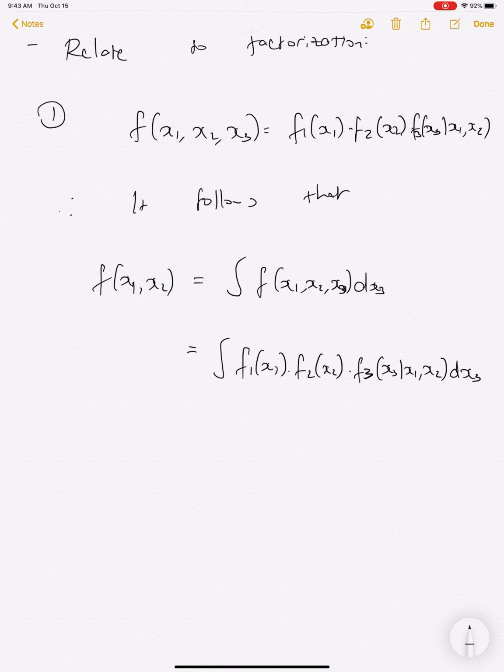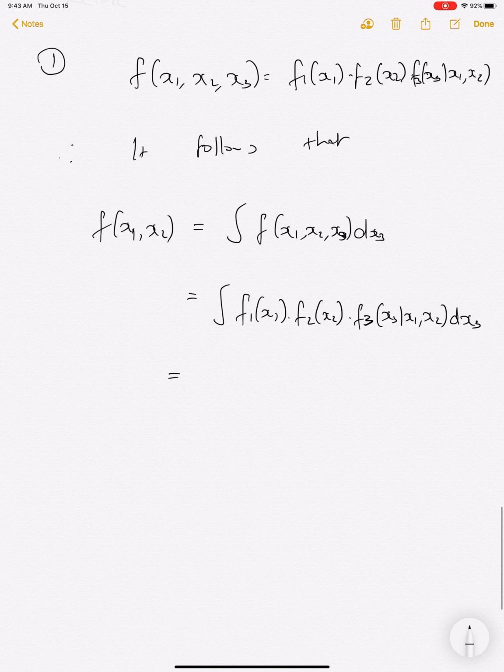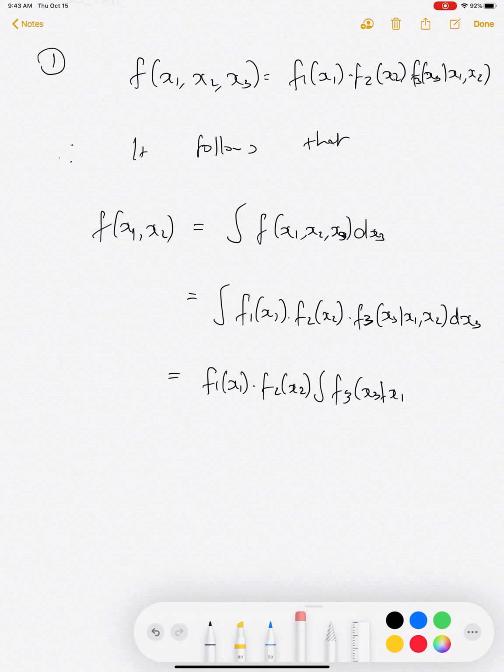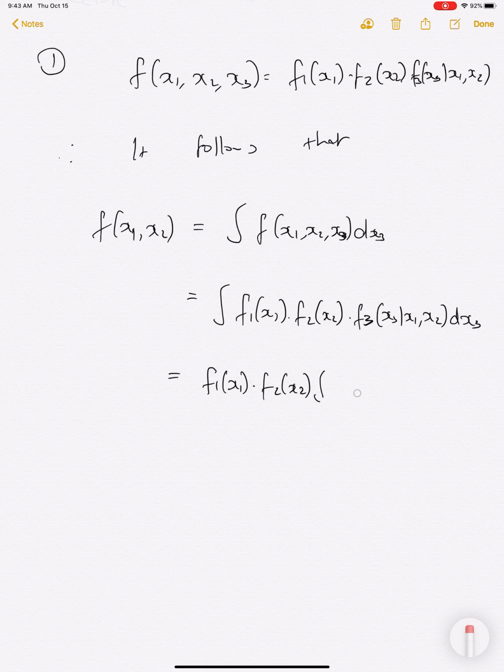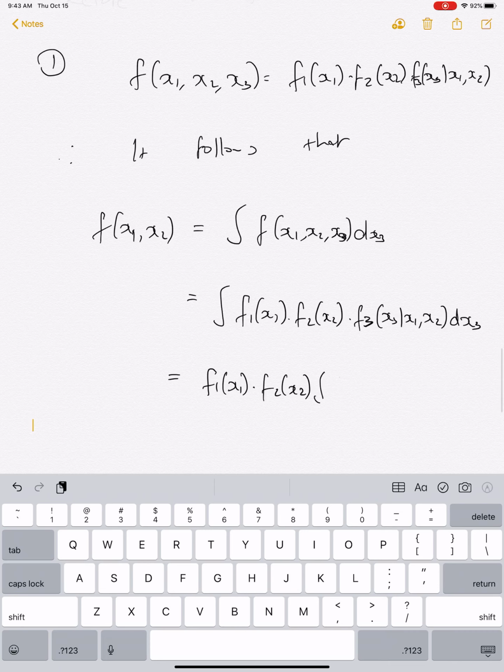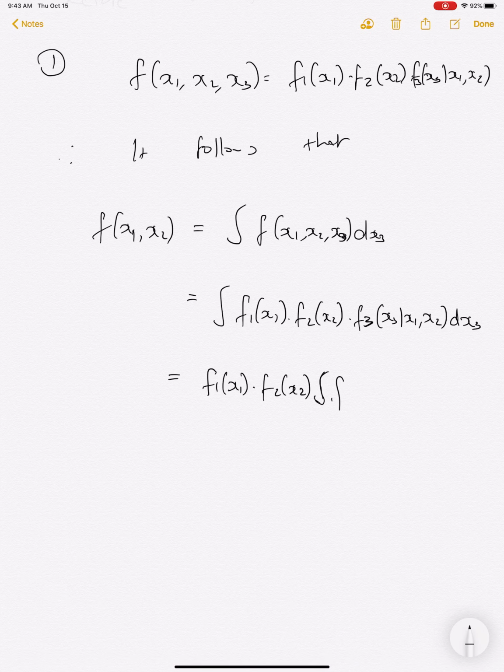And so this you can clearly see is equal to, and you can see that we can take out anything here that does not depend on the variable we are integrating over.